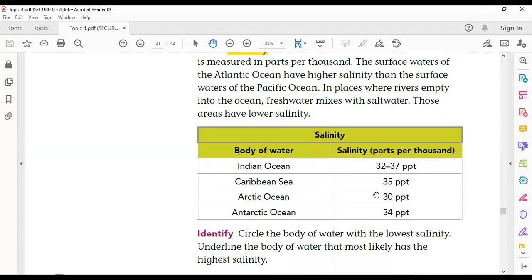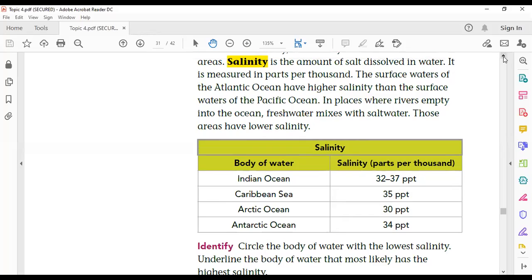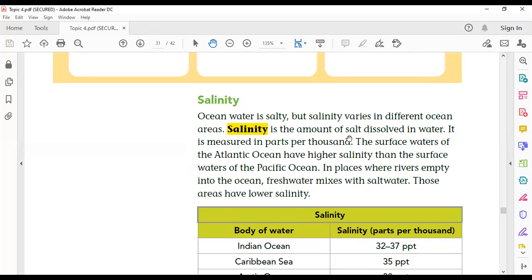Notice that it is the most saline in this table. The Indian Ocean is more saline than the Caribbean Sea, Arctic Ocean, and Antarctic Ocean. So salinity means the amount of salt dissolved in water, and the units are parts per thousand.